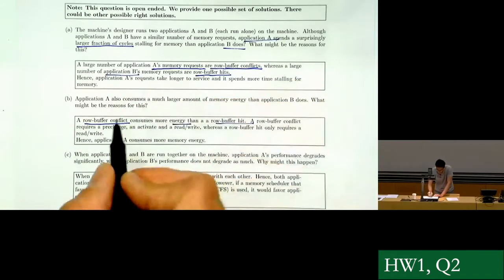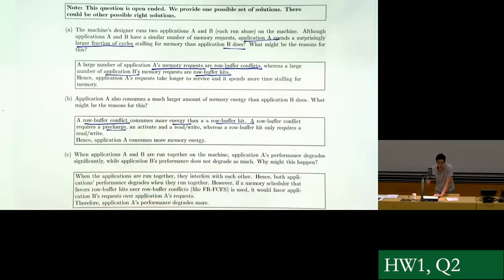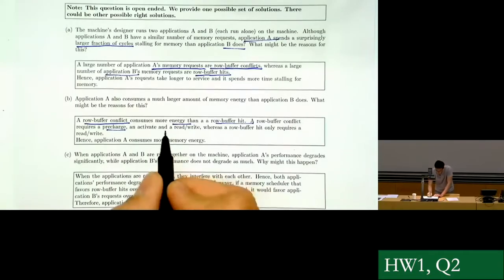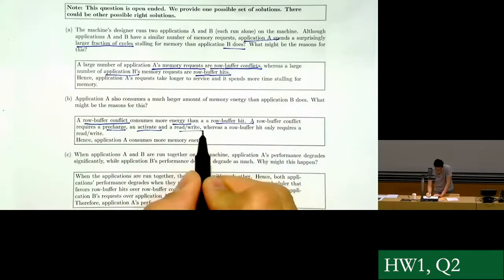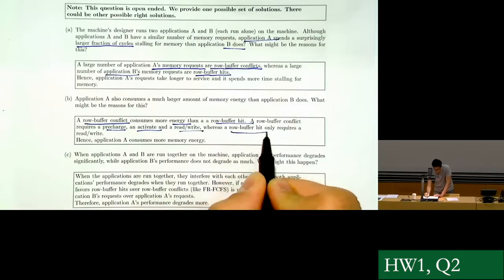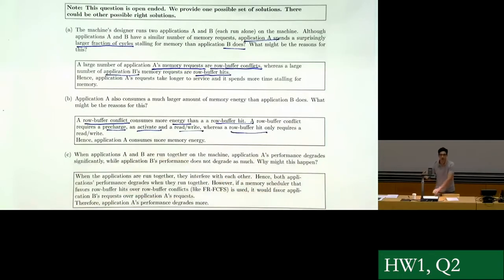You need to precharge, which essentially means to replace the row that is already in the row buffer, and then activate, that is moving the new row to the row buffer, and then read and write. But in the row buffer hit, we only need to read and write because the row is already in the row buffer. Is it clear?